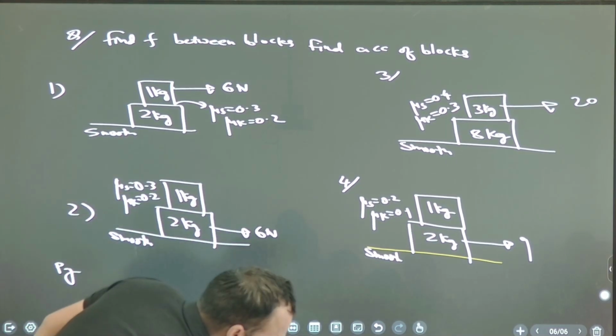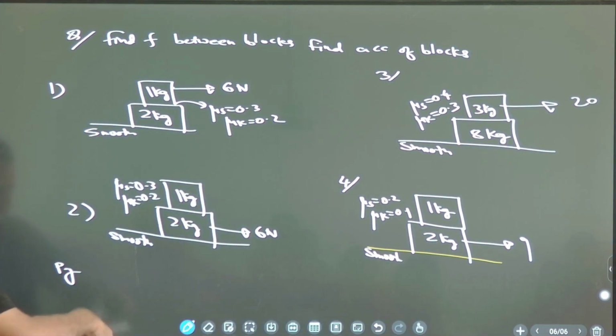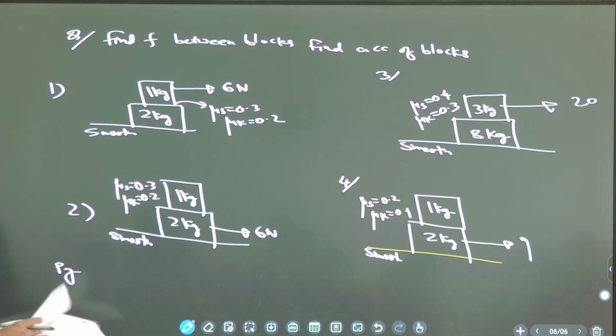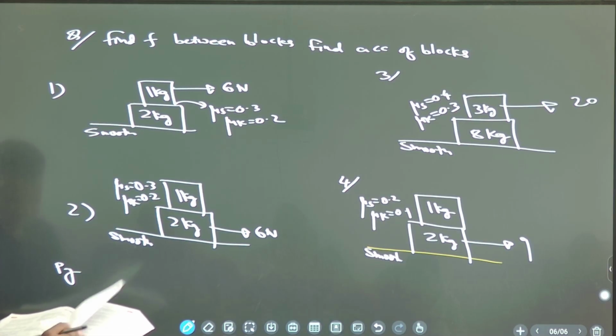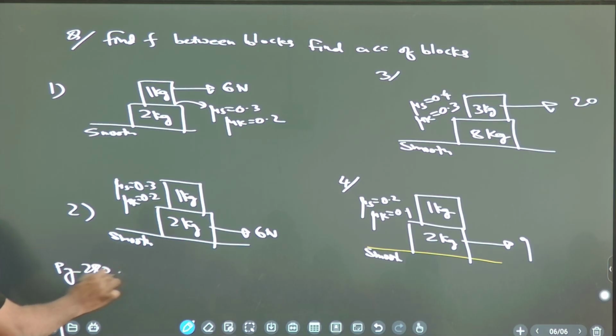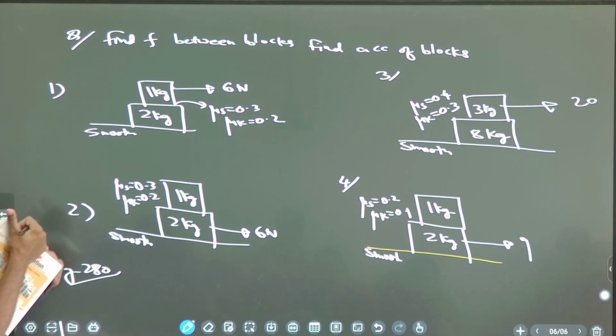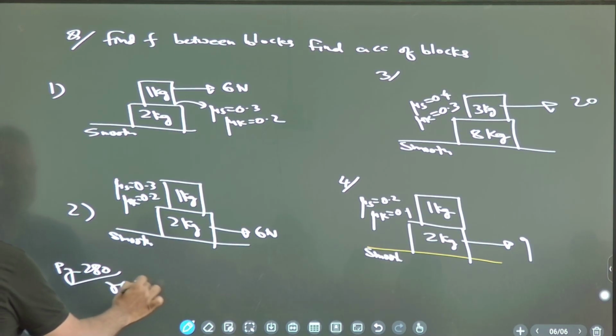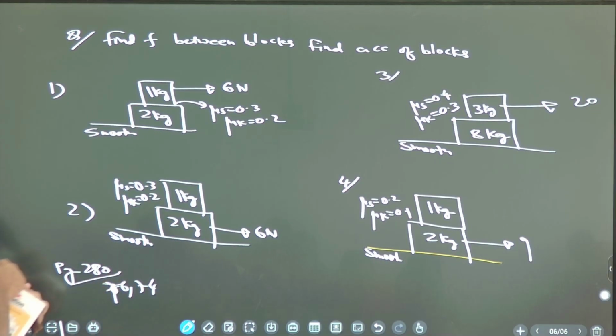And then you can solve some more. Page 280, questions 76, 74, 81.